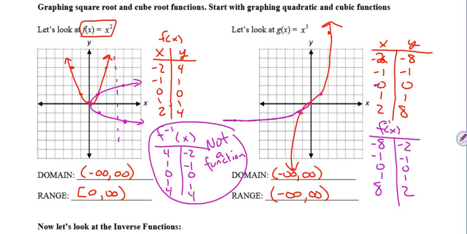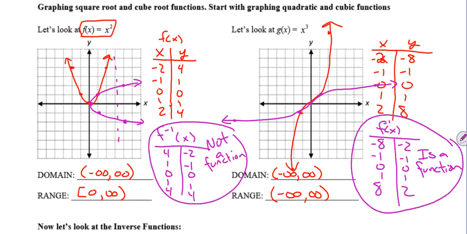The curve would make it look a little different. Now, the inverse of the function g of x equals x cubed is a function. So in this case, the inverse is a function as well as the original being a function. All right?